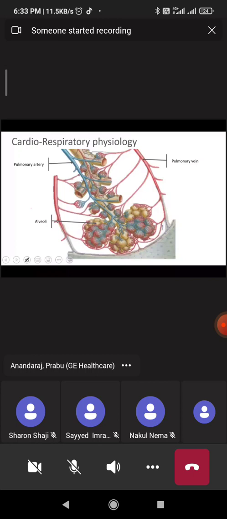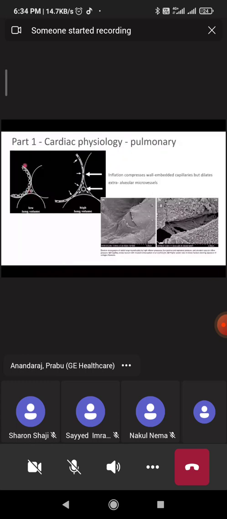This one, you see what happened here. They are all getting squeezed, right? Because of the stretching, the alveolar wall is increasing in size because of inflation, because of gas going into it at increased pressure, those blood vessels on the wall of the alveoli will be squeezed and stretched out.